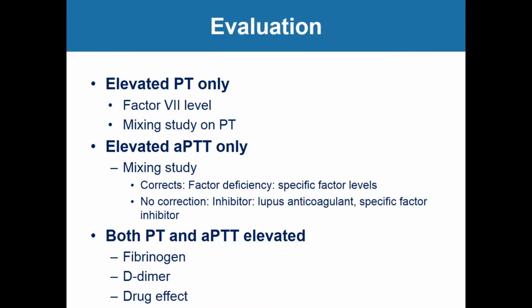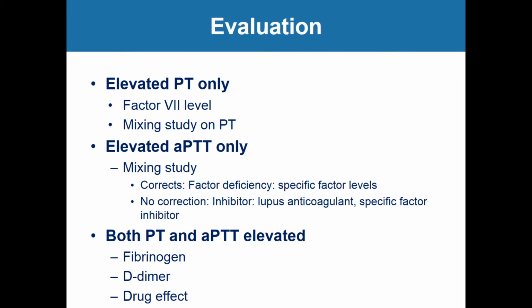So in order to evaluate these abnormal coagulation tests for an elevated PT, a specific factor VII activity level can be sent, and a mixing study can be performed on the PT if the factor VII level is normal. If a patient has an elevated PTT only, the first step would be to do a mixing study where you take patient plasma and mix it with normal control plasma in a 50-50 or 1-to-1 ratio.